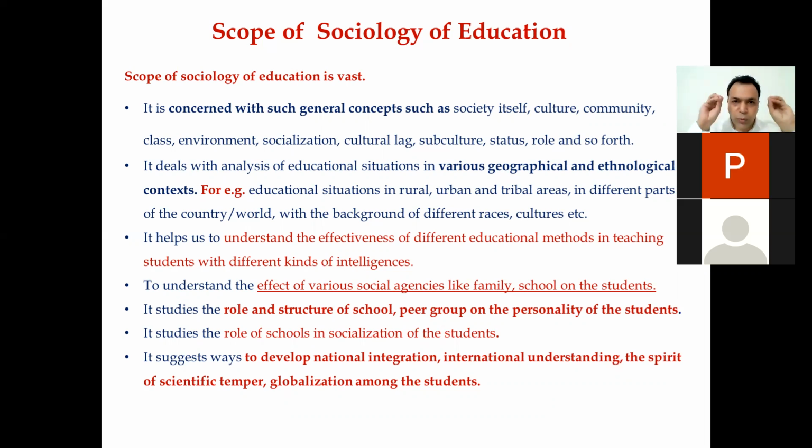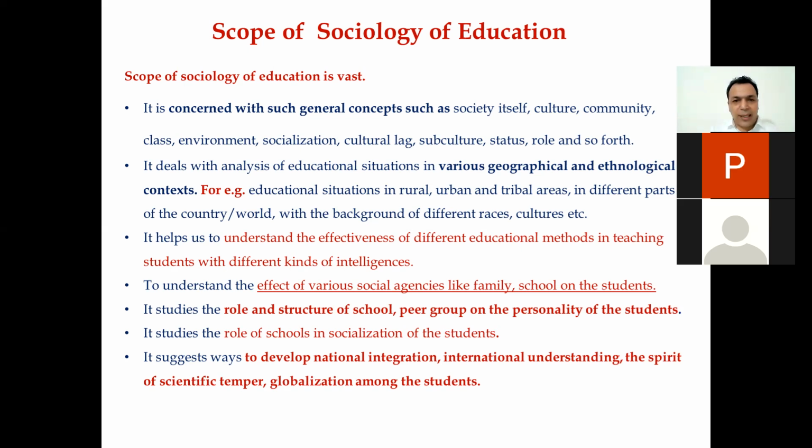You have to remember these, and you should know what is society, what is culture, what is community, what is class, what is environment, what is socialization, what is cultural lag. Last time one question came, what is cultural lag, subculture, status.